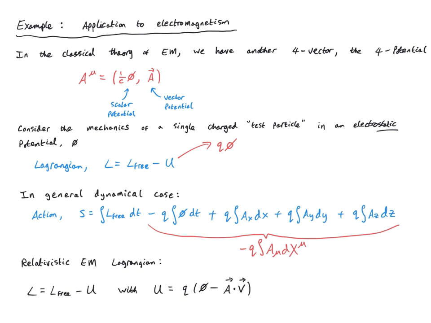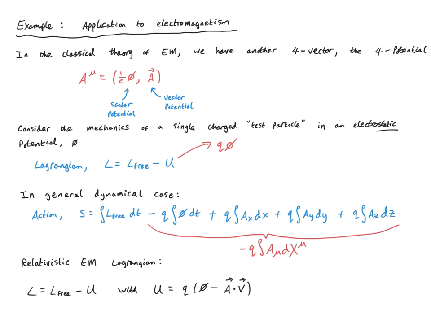How did I get this formula? Well, the action is defined as the integral of the Lagrangian dt. So I need to pull out a common factor of dt from each of these expressions. The first one, phi dt, already has that, but the last 3 terms are not in the form integral of something dt, and so it's hard to identify straight away what the Lagrangian actually is.